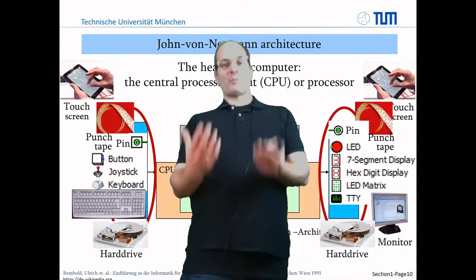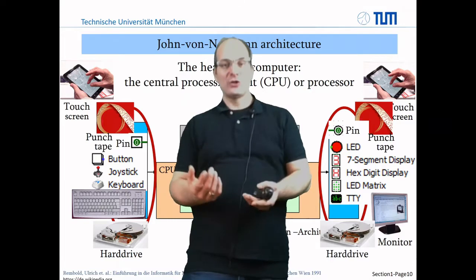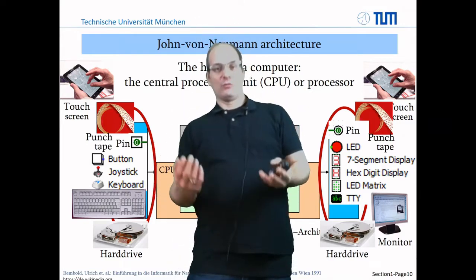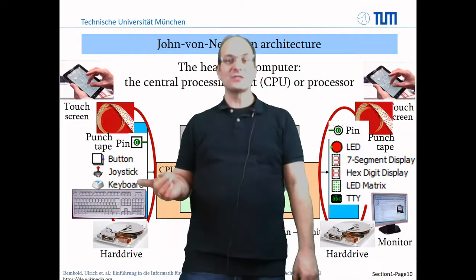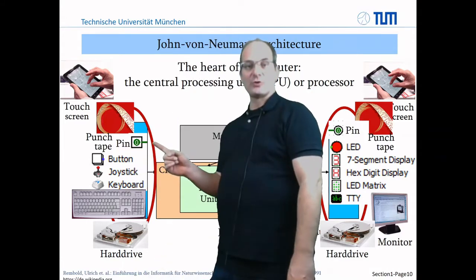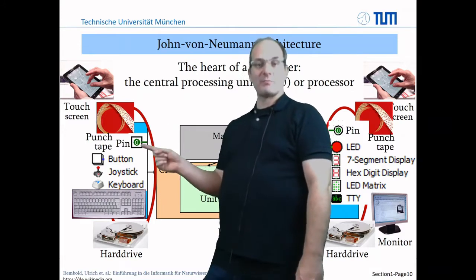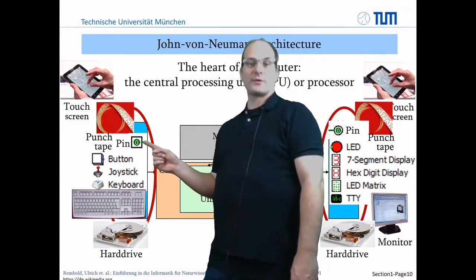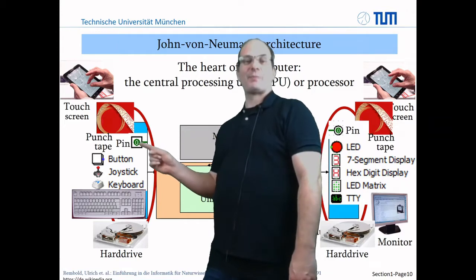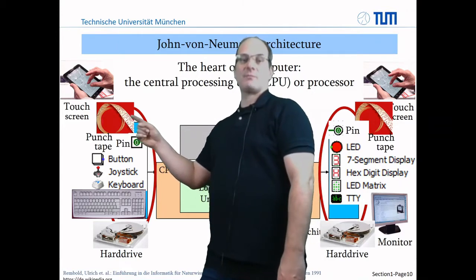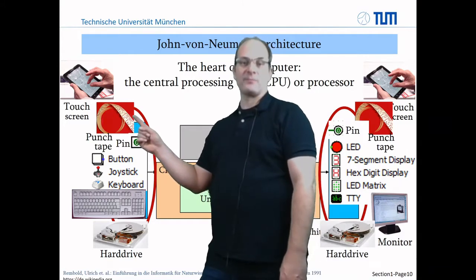But remember the ALU. In the ALU, we set everything on a very low level way. So we just used input pins to define the numbers and also the control word. And if you can do it with these pins, you can also use things like these holes in a tape or in a punch card.